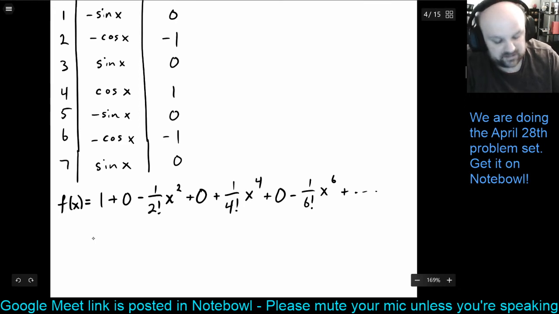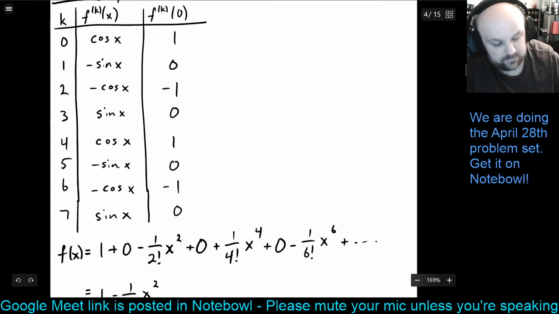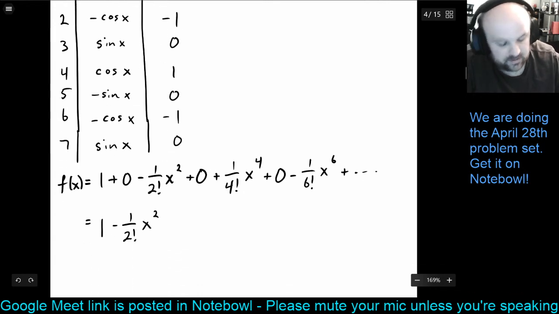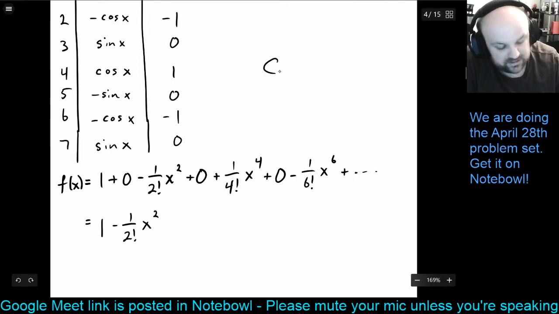So if you follow this pattern, what we're really going to have is 1 minus 1 over 2 factorial x squared plus 1 over 4 factorial x to the 4th minus 1 over 6 factorial x to the 6th. Remember, we're always dividing these by the factorial, because c_k is the kth derivative at 0 over k factorial.